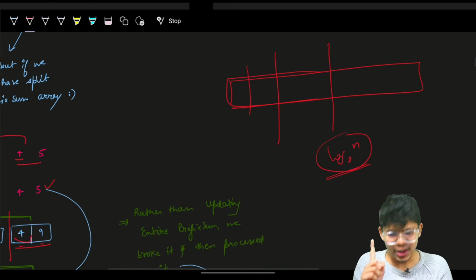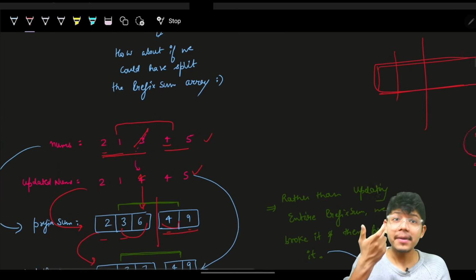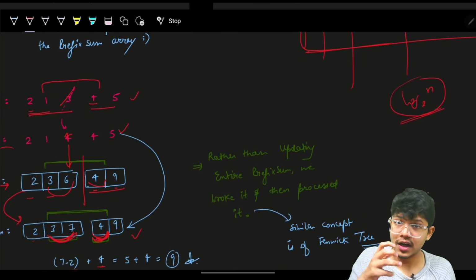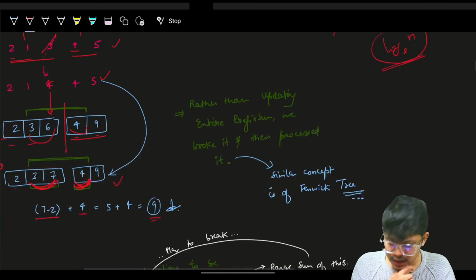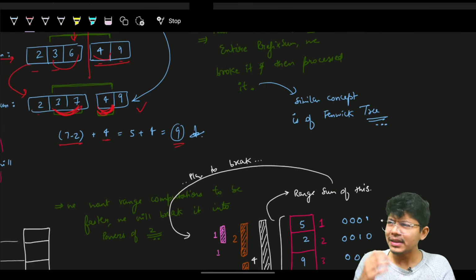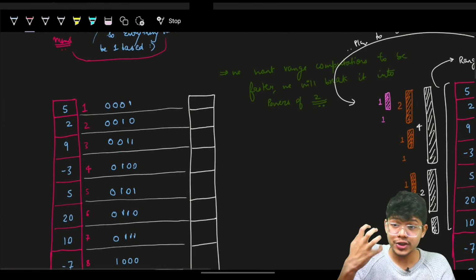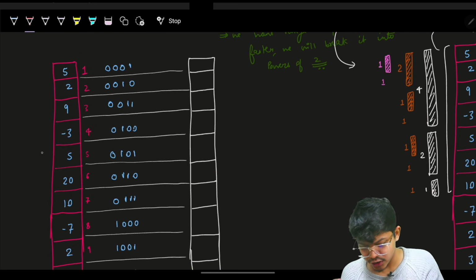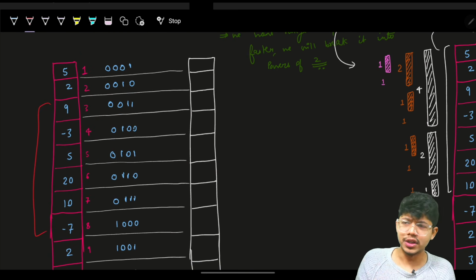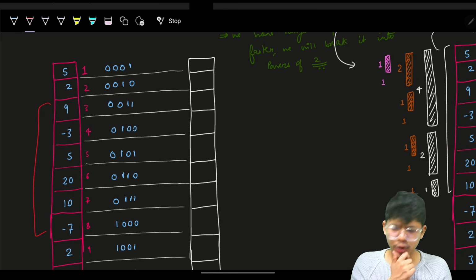Oh, so what I can do is I can actually make my ranges as half. Like I can just try to break my ranges in a half, or basically in a power of 2. But Aryan, that seems fine, but still it is not understandable how you actually make it. Okay, let's say this was your actual input array, and if I ask you what's the range sum of this specific portion, how will you find it? That's a good question.